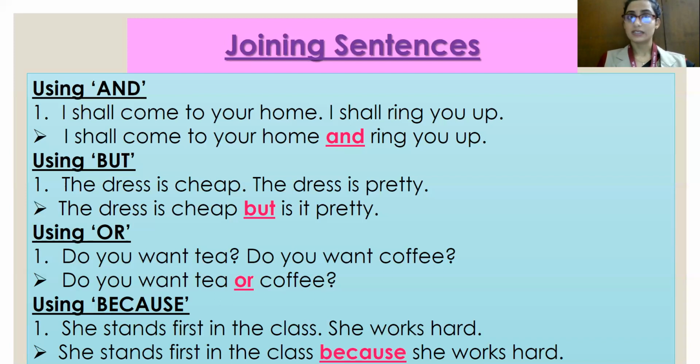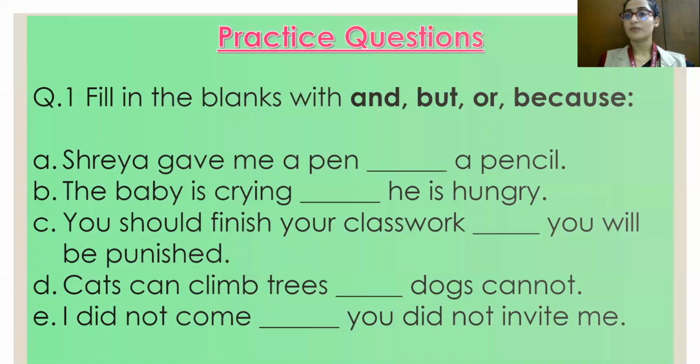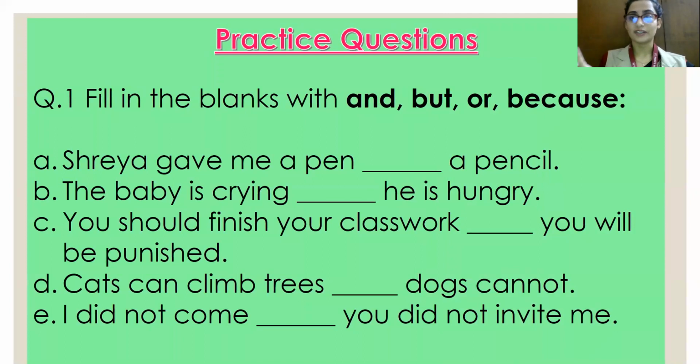You've got reasons here, you've got concepts here for these particular conjunctions that I have just told you. Now we come to the end of this session and we have got some practice questions here, children, and you need to practice. Until and unless you do the practice, we don't know whether you have understood the concept or not.